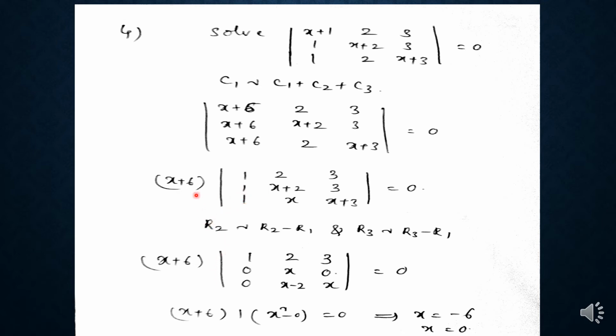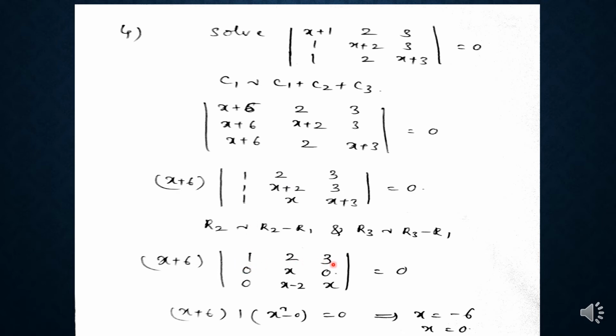So here in the determinant, (x plus 6) into (1 1 1, 2 x plus 2 2, 3 3 x plus 3) is equal to 0. By changing R2 as R2 minus R1 and R3 as R3 minus R1, we are not changing R1, R1 is same, 1 2 3.